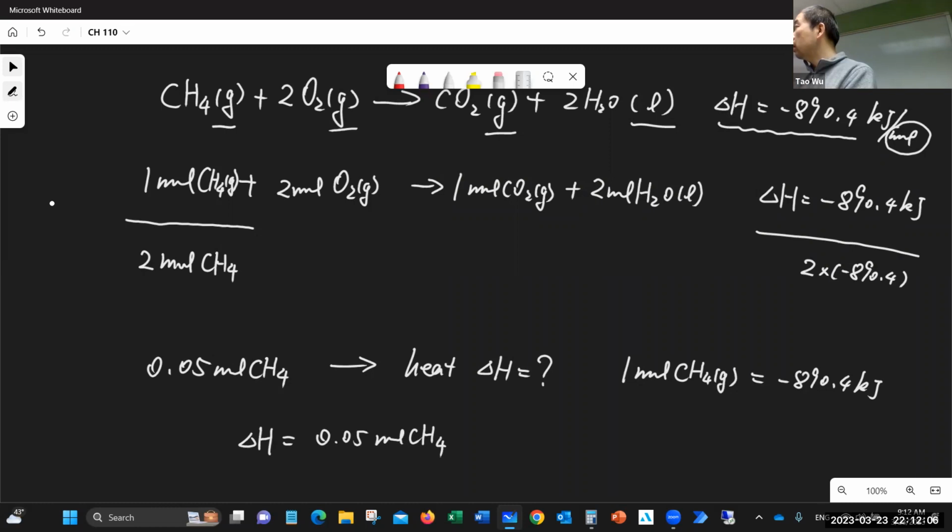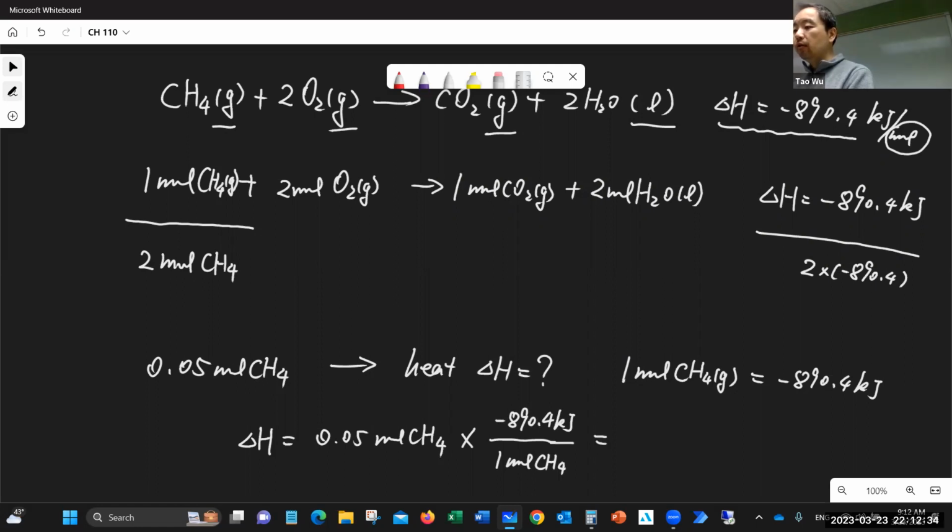So that's why we say this is stoichiometry. It's doing the same thing. You multiply by the conversion, which is between moles of methane and heat. You want to cancel the methane, so you put 1 mole of methane on the bottom and negative 890.4 kilojoules on the top.